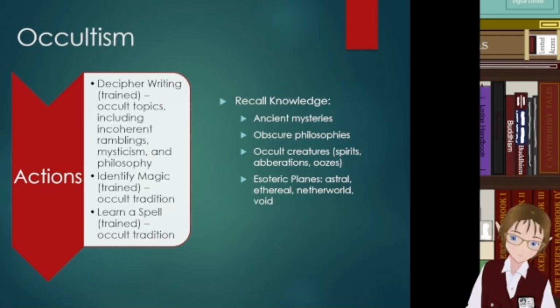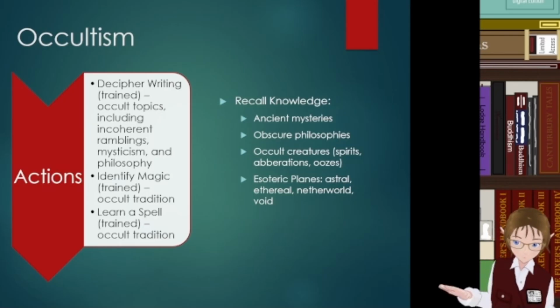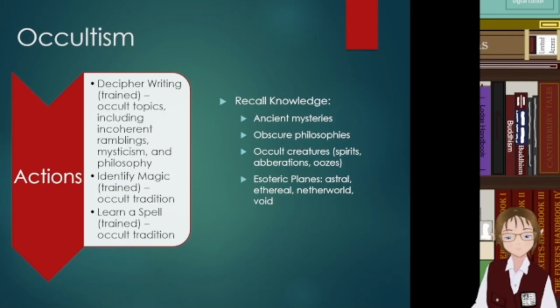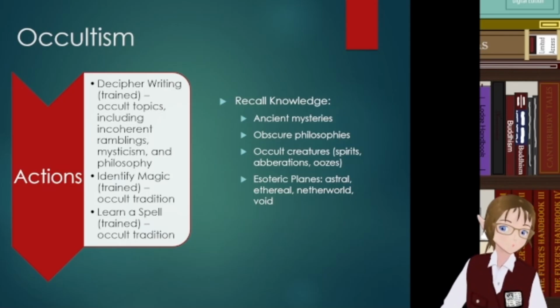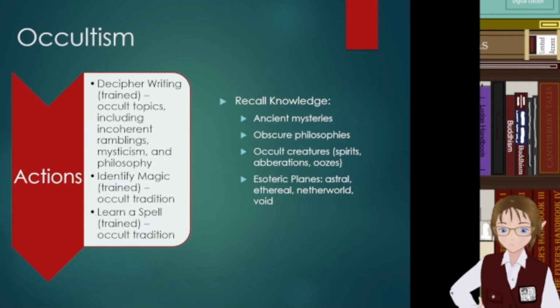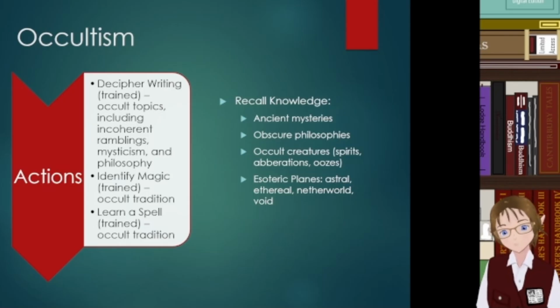So basically, if something's written in a symbolist code, you can use occultism to decipher it. You don't necessarily have to use society if it's specifically occult knowledge. For recall knowledge, occultism is useful for ancient mysteries, obscure philosophies, and the esoteric planes, as well as creatures like spirits, aberrations, and oozes.